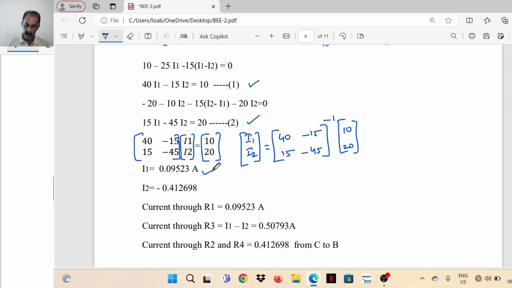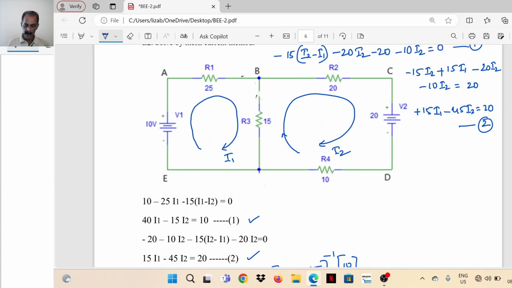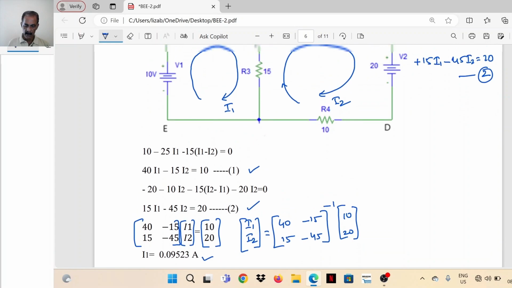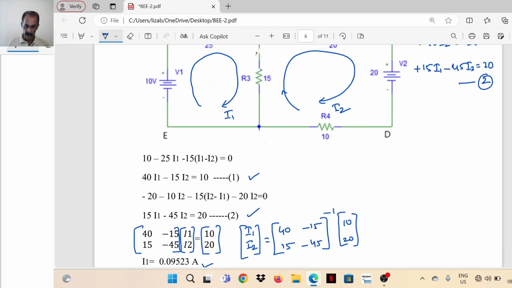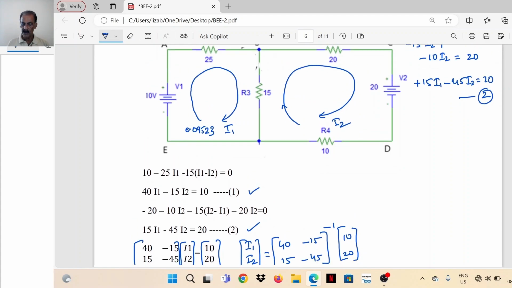So I1 you will get as 0.09523, and I2 is minus 0.412698. So the current through R1 is I1, which is 0.09523. I2 is negative, so the assumed direction is not correct.